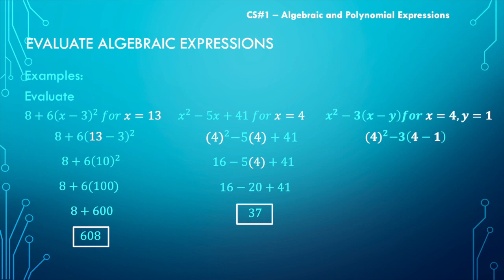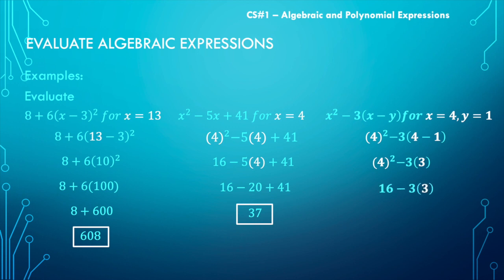So now our grouping symbols, we see a set of parentheses, 4 minus 1. We're going to simplify that. So those parentheses will be replaced with just the quantity of 3. Our exponent can then be evaluated. So 4 squared is going to give us 16.